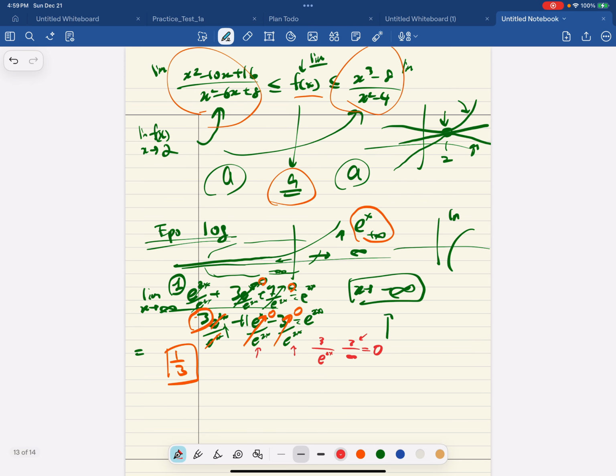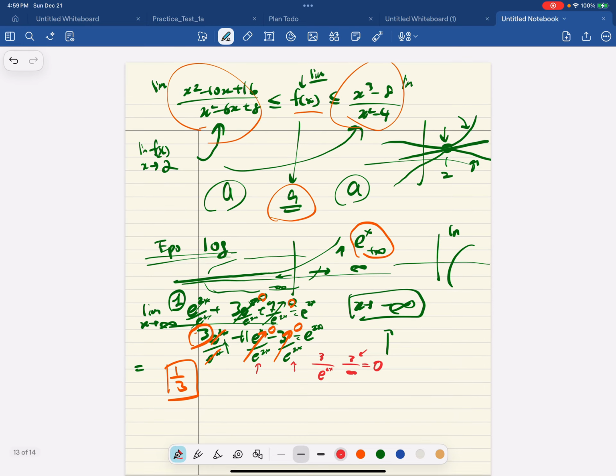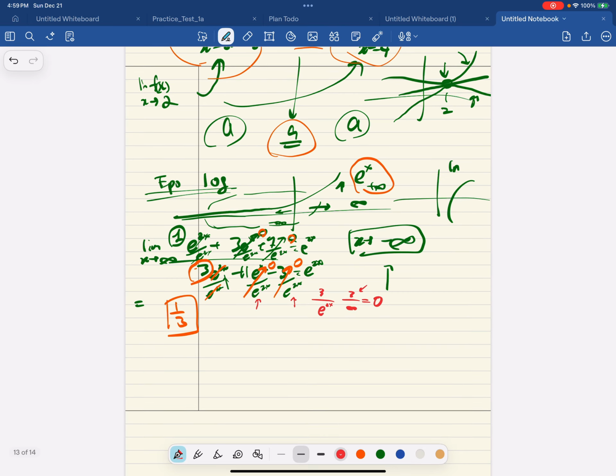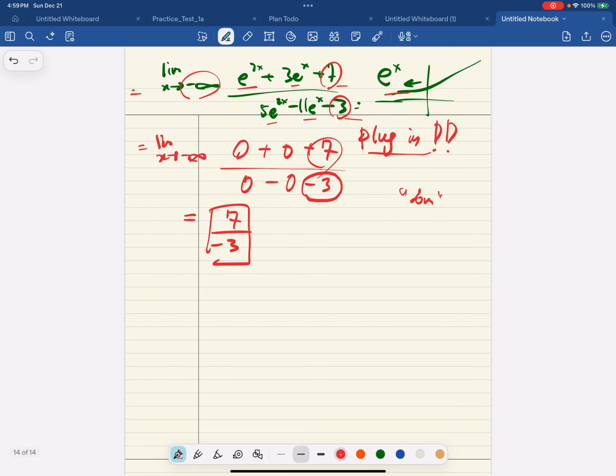Now, it would be really tempting for you to do none of these divisions by e to the 2x, and go straight to 7 over minus 3. You see this function and you go, oh, I see 2 constants, probably just that.